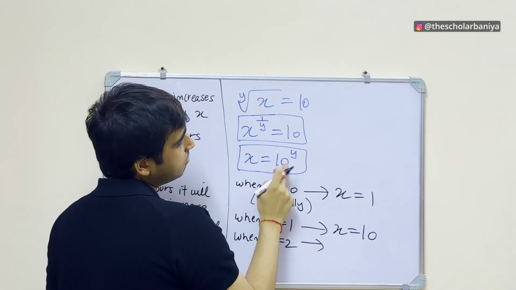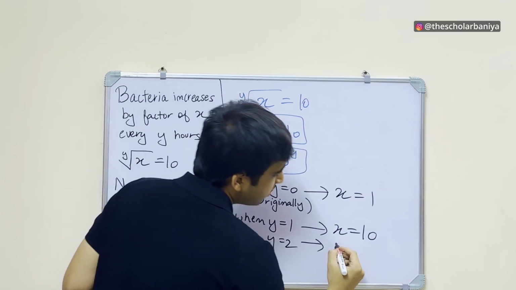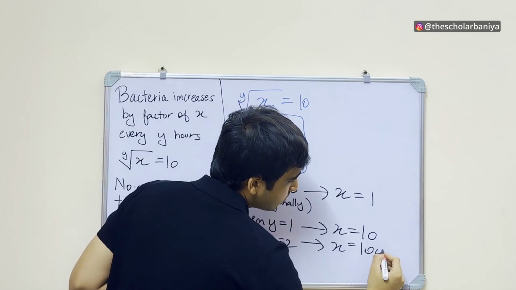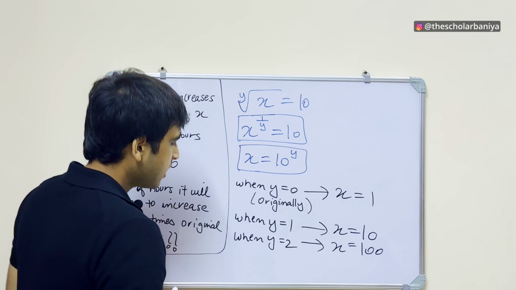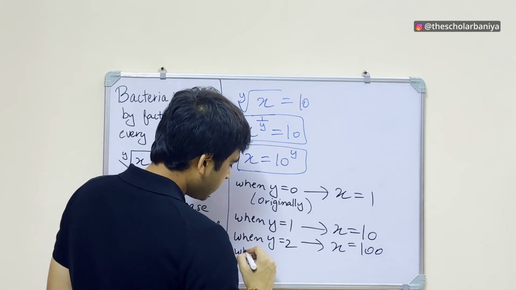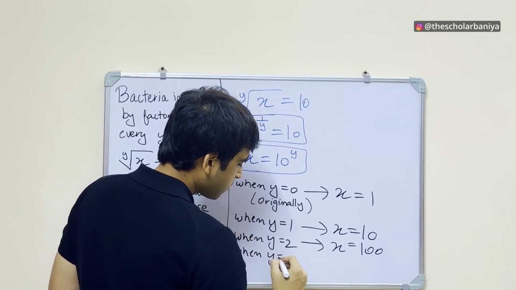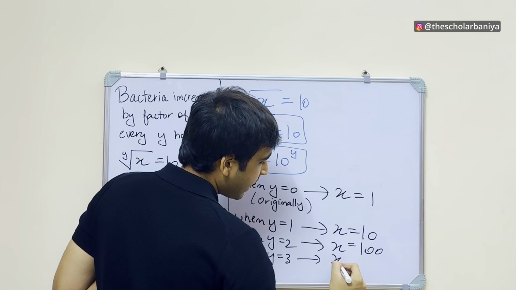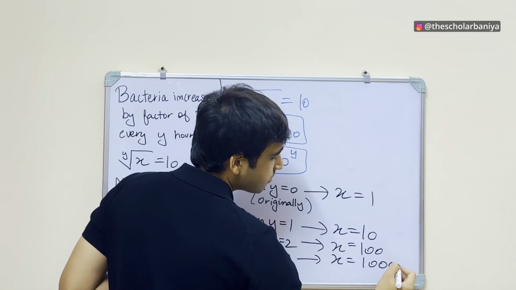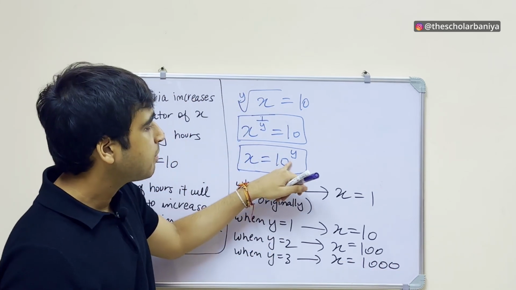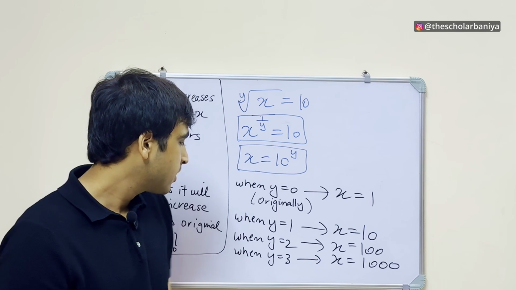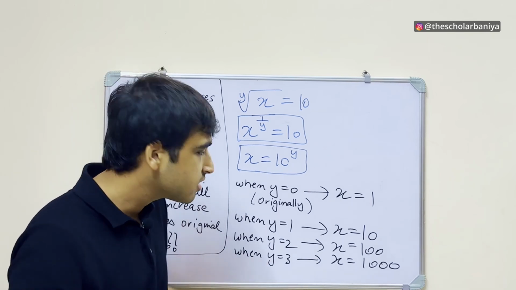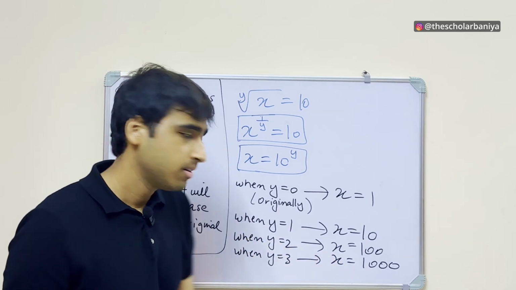X will be 10 squared, which means 100, right? Similarly, when y is equal to 3, what will x be? 1000, because 10 to the power 3 is 1000, right? So that means after 3 hours, x becomes 1000, right?